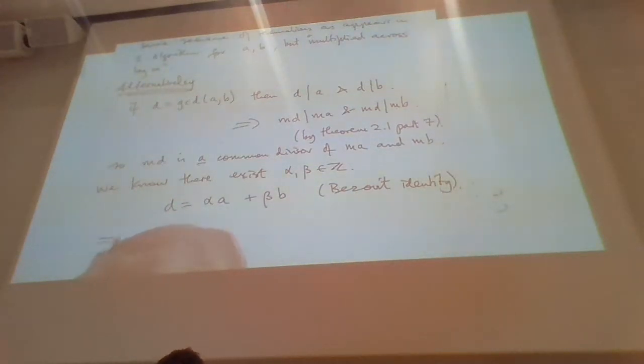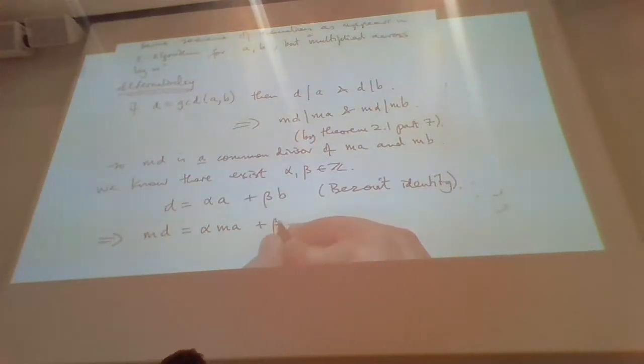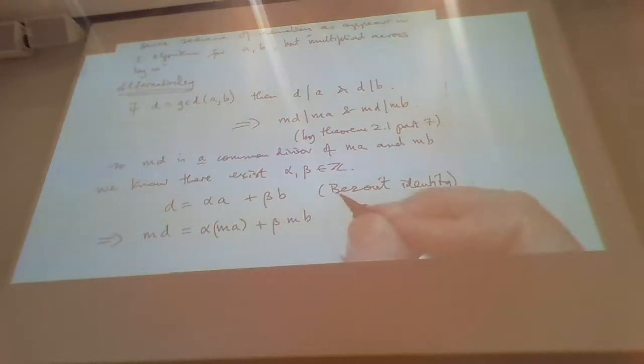But of course, immediately we can multiply across by m. And what we have now is a linear combination of MA and MB giving us the value MD.